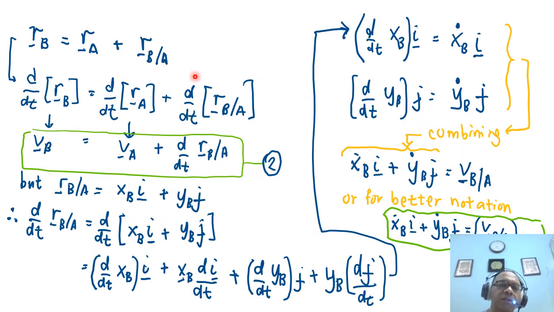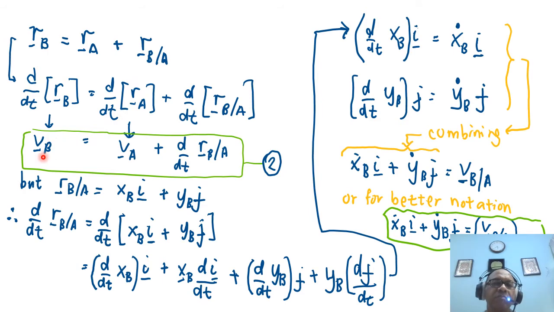From that position vector equation, we differentiate it in order to get the velocity of B. So we differentiate RB, we differentiate RA, and we differentiate position vector B relative to A. Because RB and RA are fixed, they are not rotating.